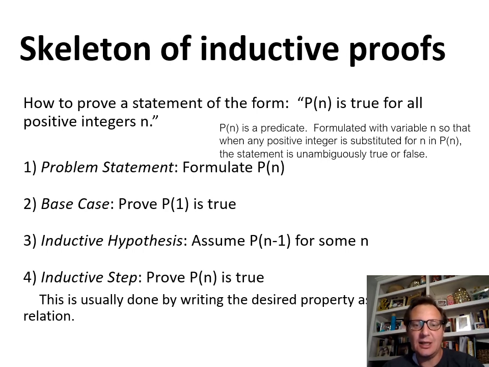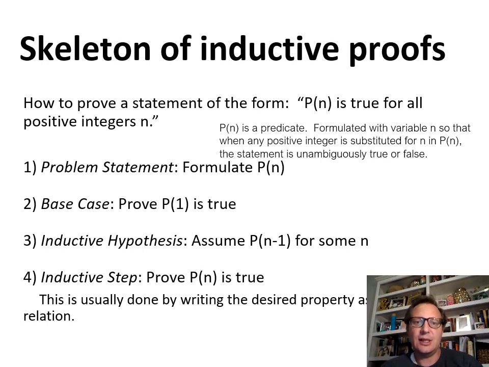And finally, and this is where most of the work has to be done, is the inductive step, where we want to show that P of n is true. And this is usually done by writing the desired property as a connection between the inductive hypothesis and using the definition of P of n.